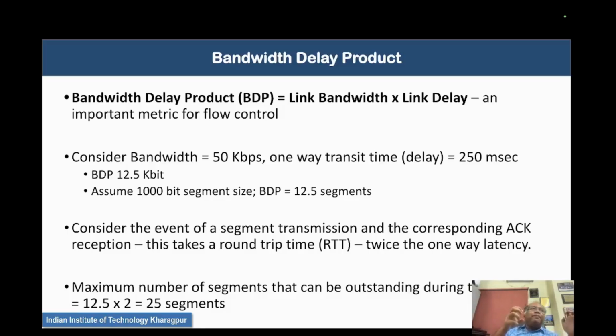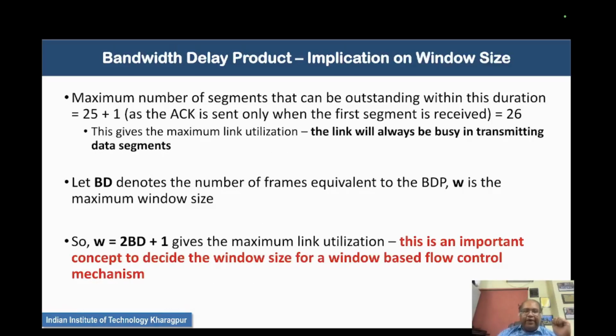The sender is continuously pushing segments, the receiver is taking the segments out of that pipe, and within that pipe there can be a maximum of 25 segments, including the acknowledgement, that can remain outstanding. So in your flow control algorithm, the sender side window that we talked about earlier can be a maximum of 25 segments. That way these two parameters are interlinked.